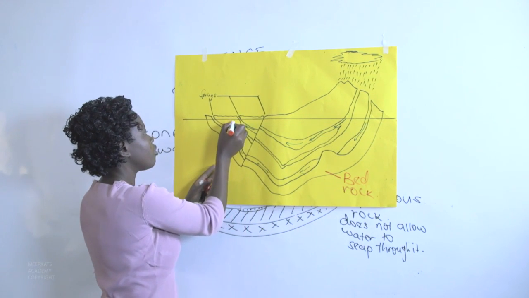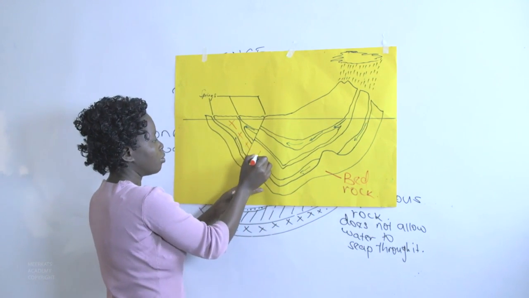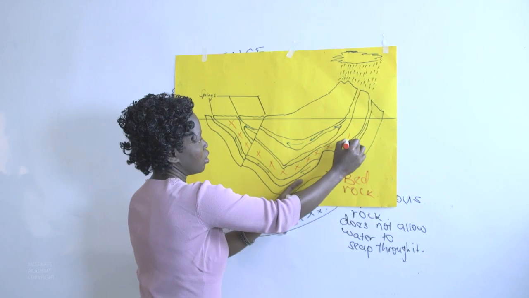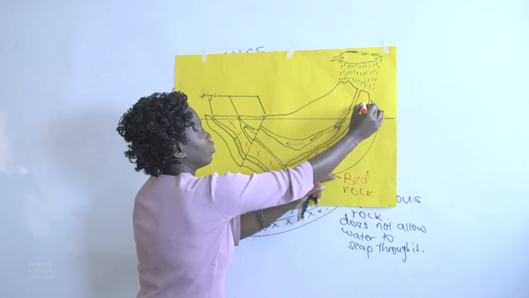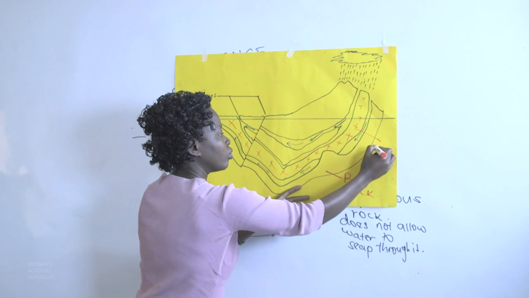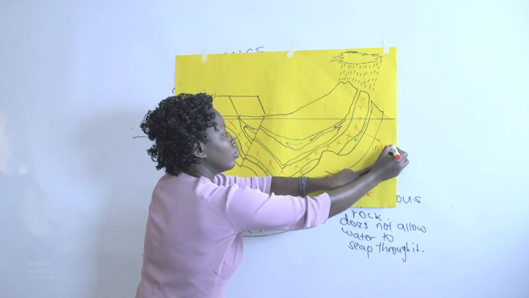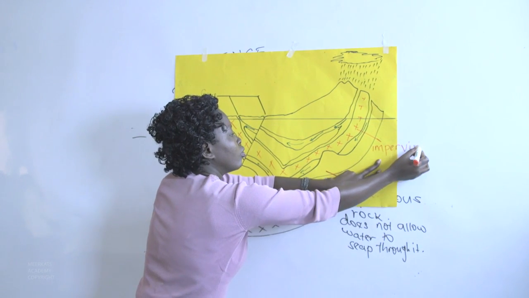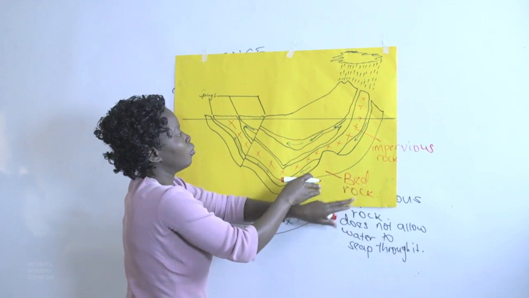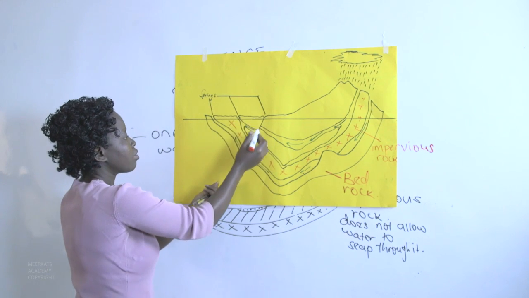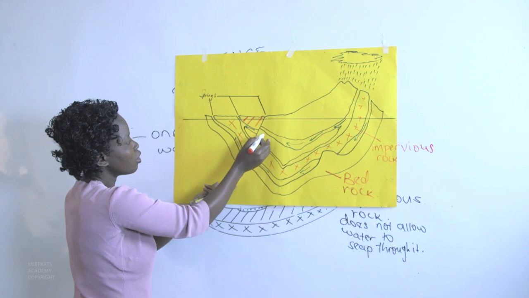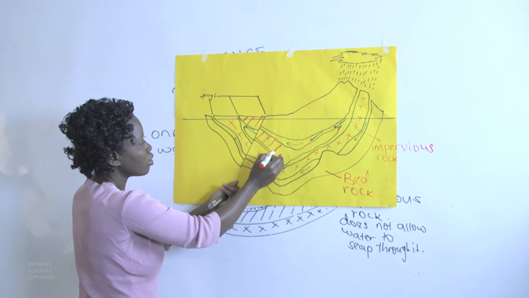From the bedrock we have the impervious rock, then the next layer we have is a layer of the pervious rock on the surface.